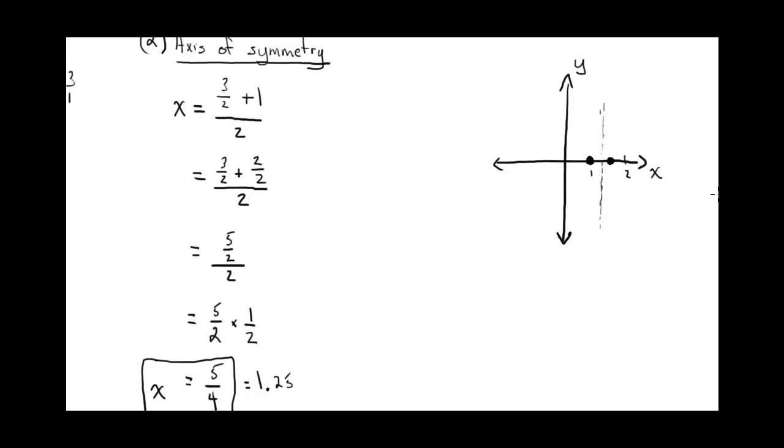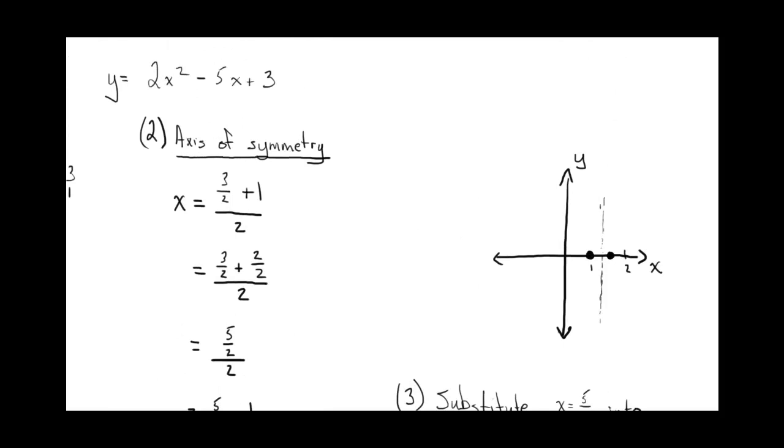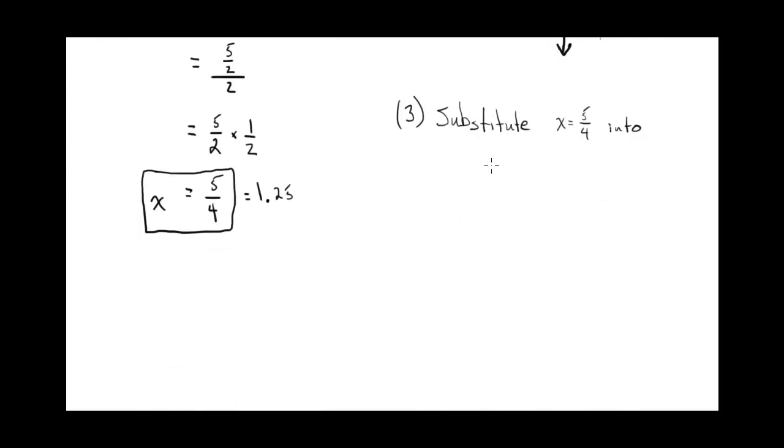So now we just need to figure out the height of where our vertex occurs. So our third step will be substitute x equals 5 over 4 into your original equation. Just remind myself of what that was. 2x squared minus 5x plus 3. 2x squared minus 5x. Was it plus 3? Minus 3?